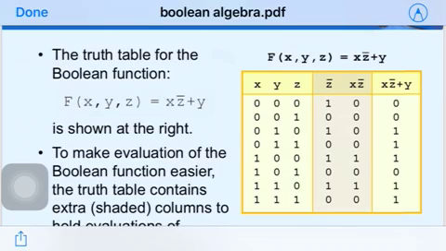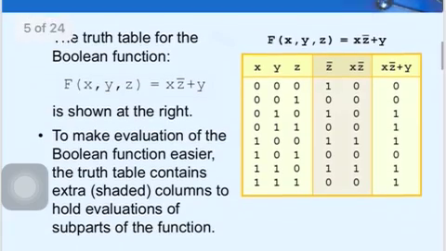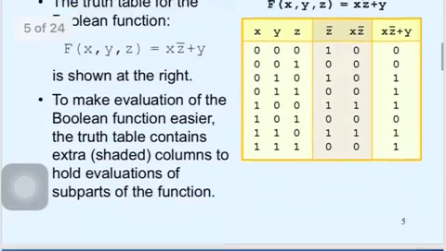The next value, 0 and 0, is obviously 0. 0 and 1 again is 0. 0 and 0 is 0. 1 and 1 is 1. Similarly, fill the remaining values in the column. The final expression is x z complement or y, so do the OR operation of x z complement with the y column. That is the third block in the table. This is how we write the truth table for Boolean functions.